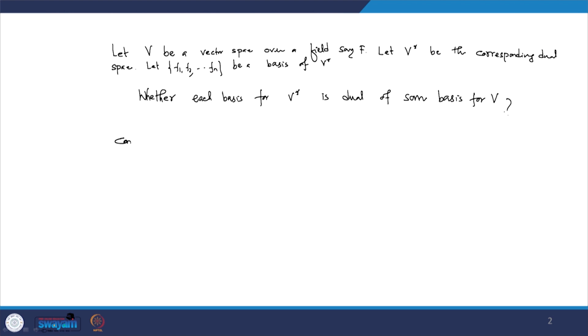Consider, for each alpha belonging to V, a function L alpha on V star defined by L alpha operating on f equal to f of alpha.